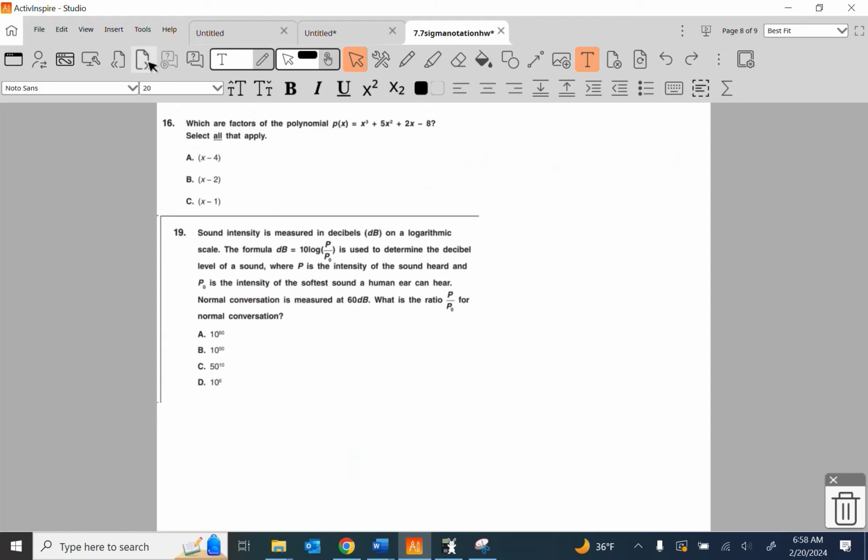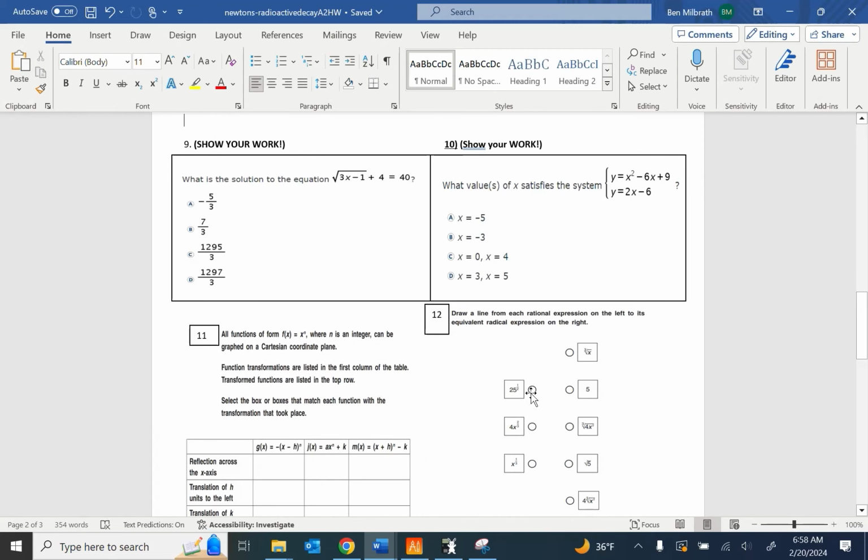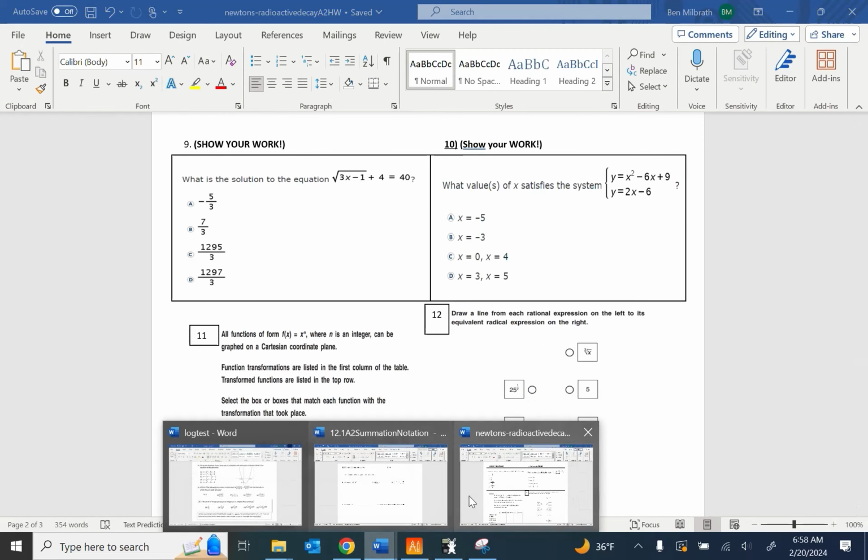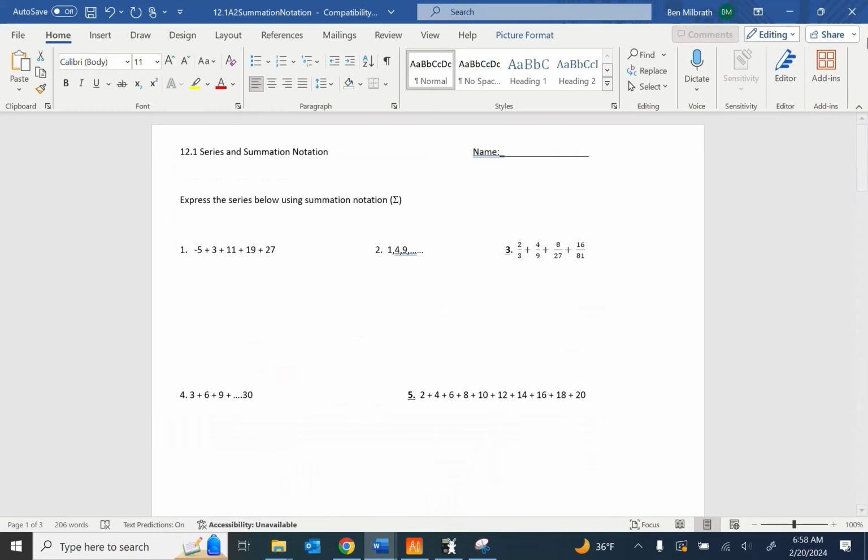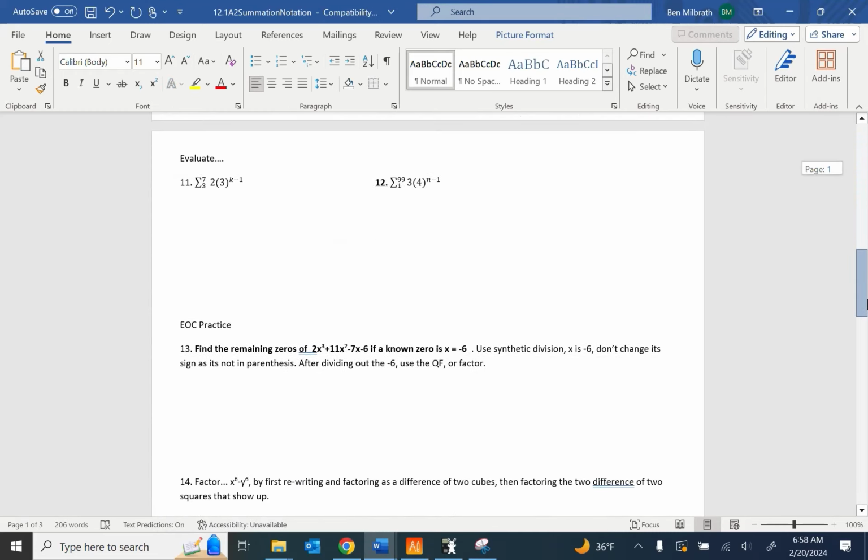All right, more factoring. What are the factors of this thing? And it got cut off too, didn't it? Let's see here. Somebody needs to fix their editing on this.